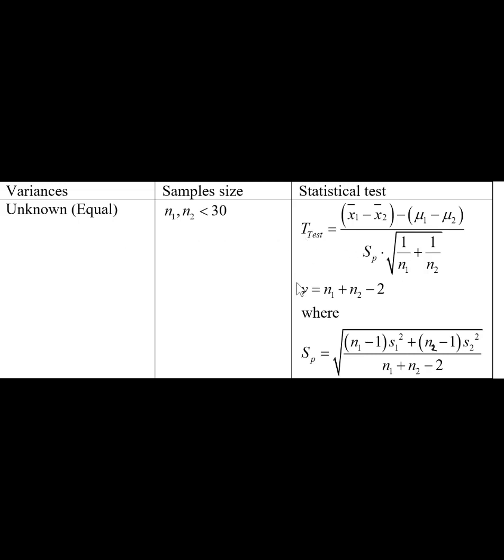So we have the t-test and the degree of freedom, in which SP must be calculated first. SP is the square root of N1, 18, and N2, 14, with the variance, that is standard deviation squared, for type 1 and type 2, over N1 plus N2 minus 2. We calculate the SP, then substitute the value of SP in our formula.